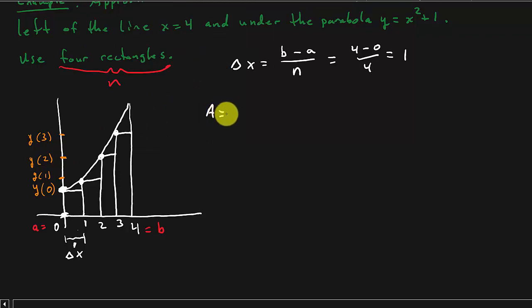My area would be the width, which is 1, times the height, which is y of 0, plus the width of this next rectangle, which is 1, times the height, which is y of 1, plus the width of the next rectangle, which is 1, times the height of that rectangle, which would be y of 2, plus the width of the last rectangle times the height, which would be y of 3.